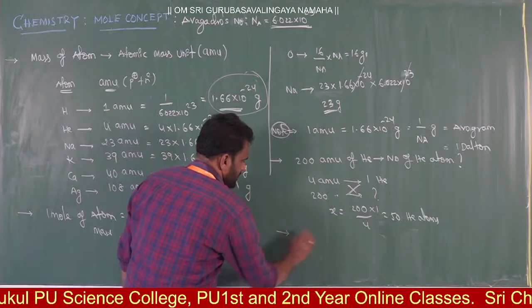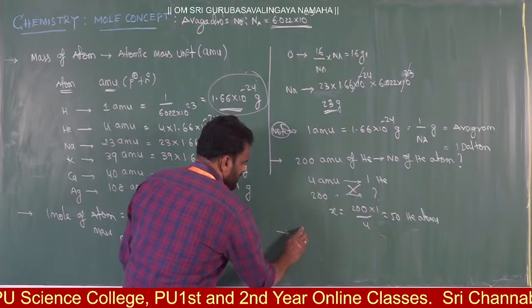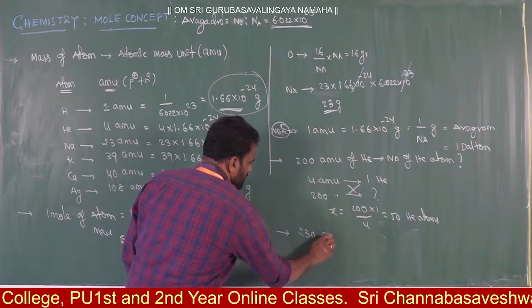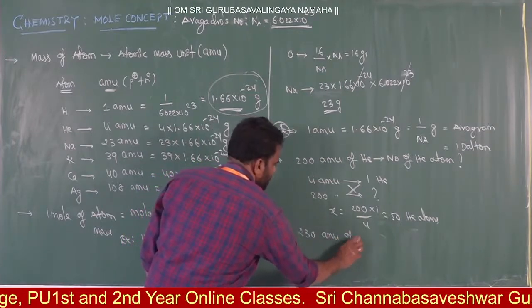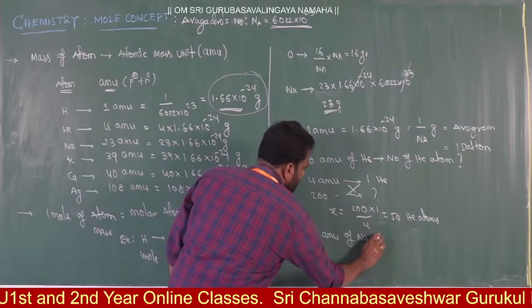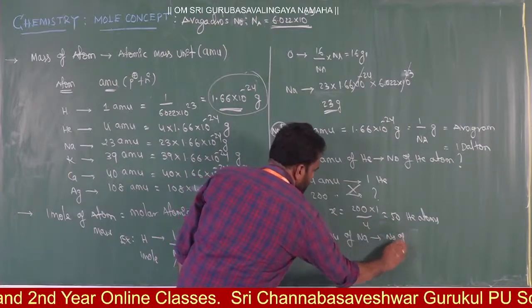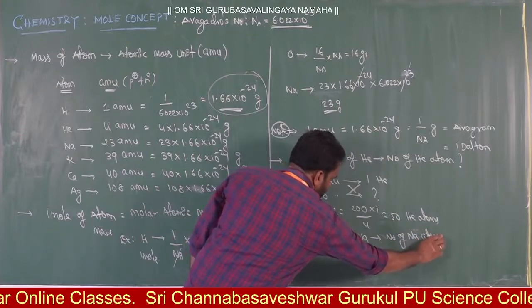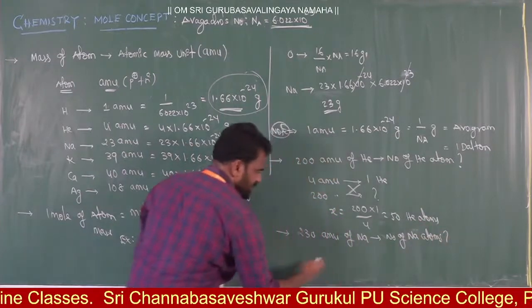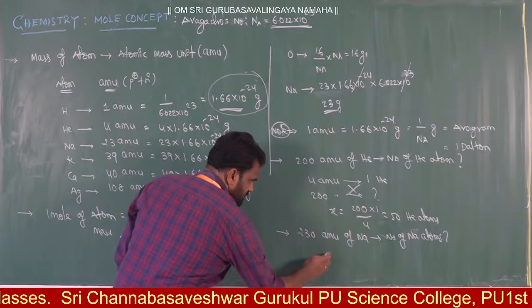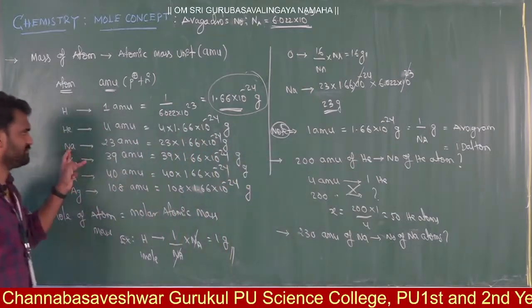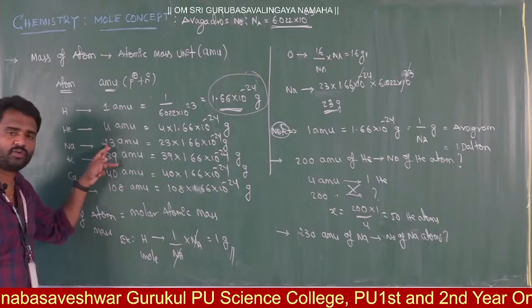Next, I will have 230 AMU of sodium. In that, how many sodium atoms are there? Firstly, you should know that one sodium atom has 23 AMU.